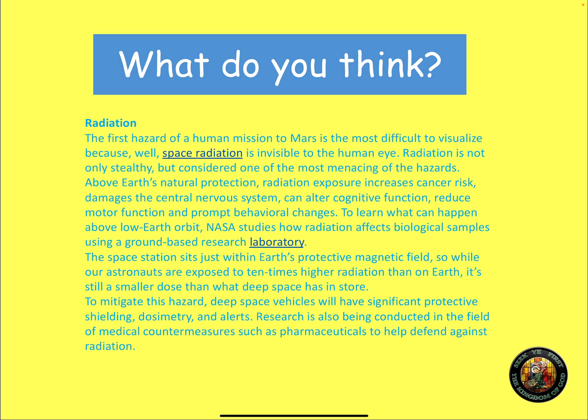To mitigate this hazard, deep space vehicles will have significant protective shielding. Research is also being conducted in the field of medical countermeasures, such as pharmaceuticals, to help defend against radiation. And that concludes our lesson on background radiation.